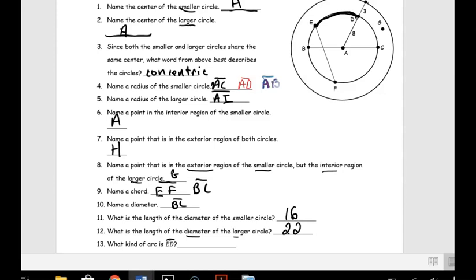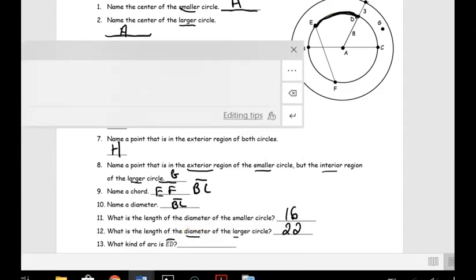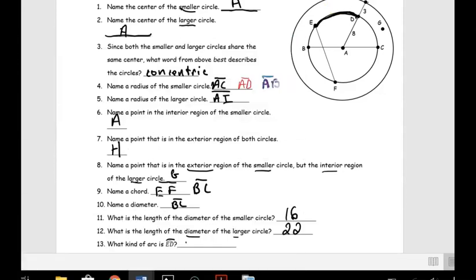Even if I didn't include the word, we would know that's an arc length. We look at ED of that small circle, that's definitely smaller than half. So this we would call a minor arc.